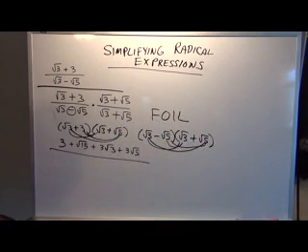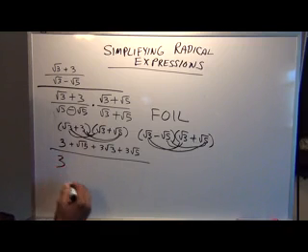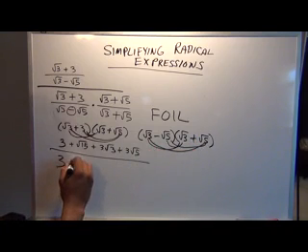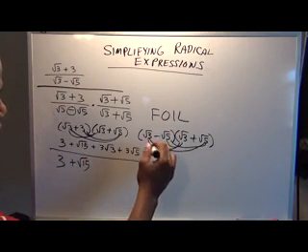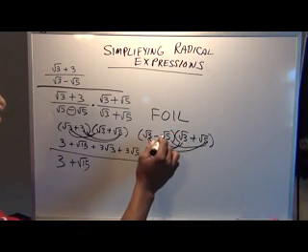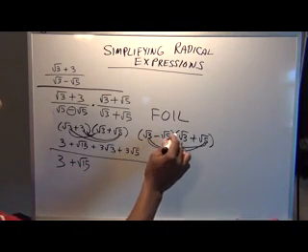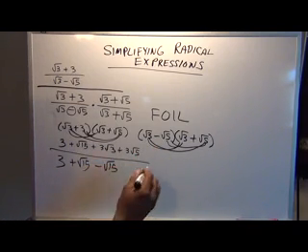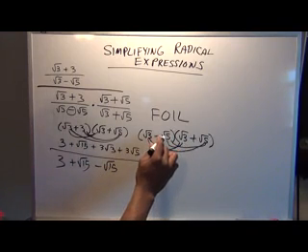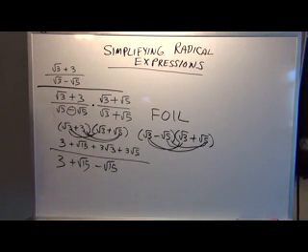First is square root of 3 times the square root of 3, which is 3. The outer is the square root of 3 times the square root of 5, which is the square root of 15. Then the inner is negative square root of 5 times the square root of 3, which is negative square root of 15. And the last is negative square root of 5 times positive square root of 5, which is negative 5.